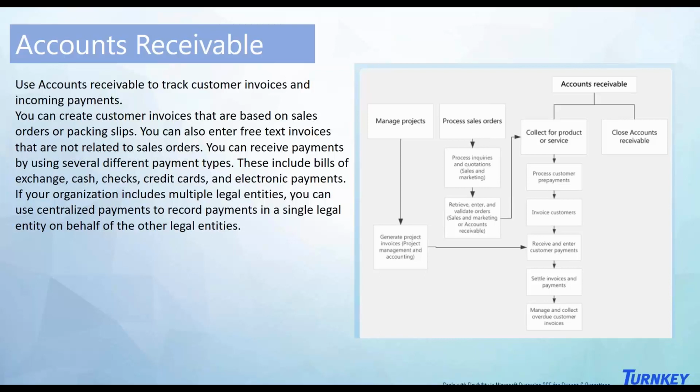And then from there, this shows you the flow: you can enter prepayments. You would then invoice the customer if it originated from a sales order, and then you would enter and receive the payment, settle the payment, and then there are aging reports and statements that you can print also for the accounts receivable side of it.